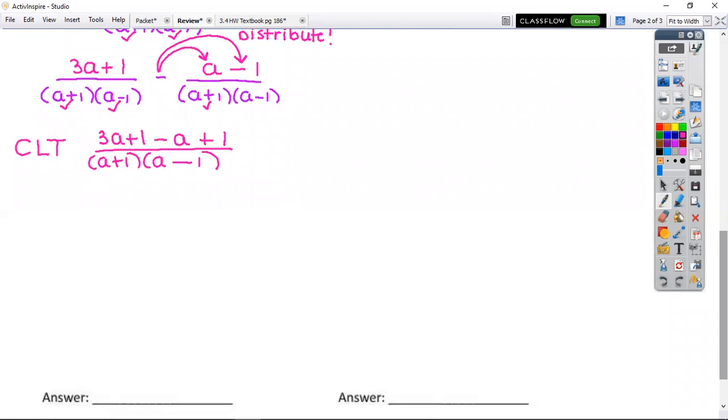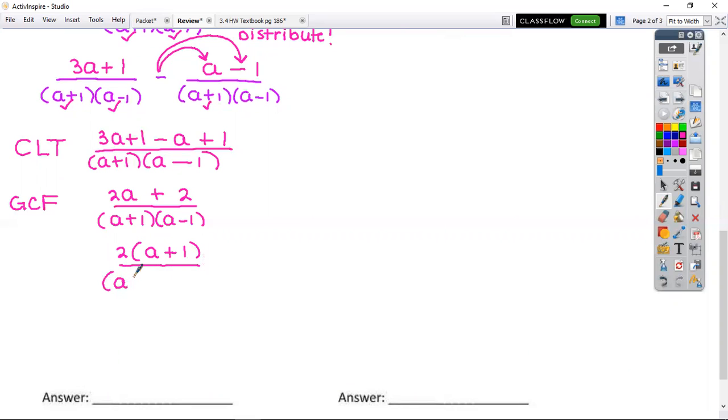So in your numerator, I am going to be left with 2a plus 2 divided by a plus 1, a minus 1. And are we able to go any further? Yeah, exactly. Your top is going to GCF, which most likely is going to allow you to cancel a factor. So I take out a 2, I get a plus 1. And then this is divided by a plus 1, a minus 1.